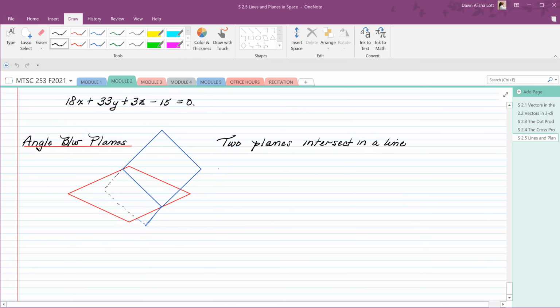So the angle between two planes is defined to be the acute angle determined by their normal vectors.